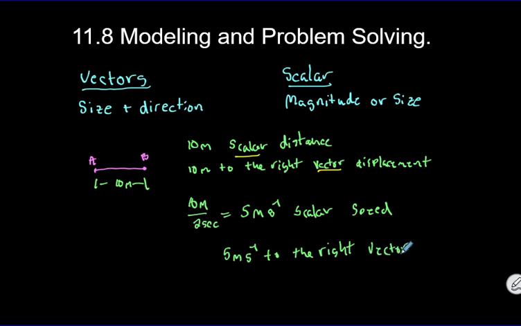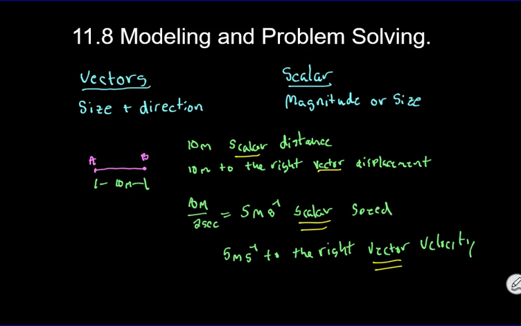And this is what we call our velocity. So there is a difference between speed and velocity: speed is a scalar quantity, and velocity is a vector quantity.